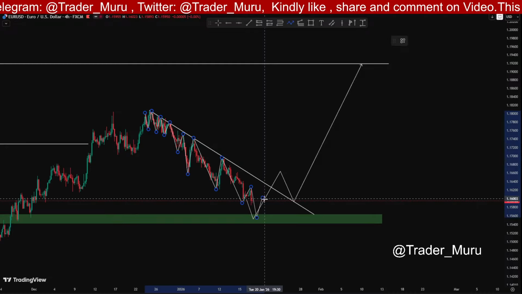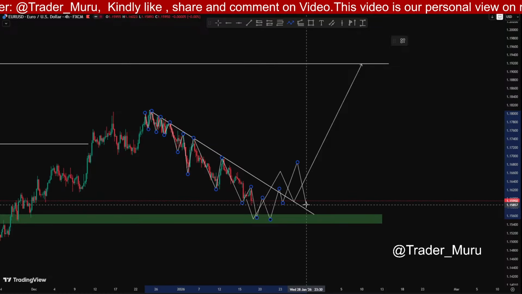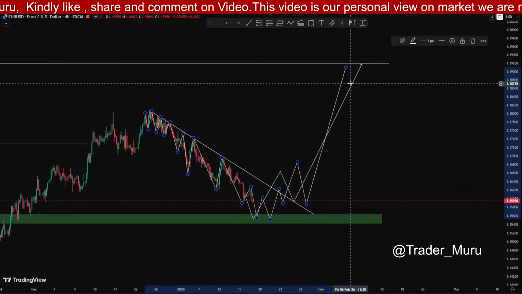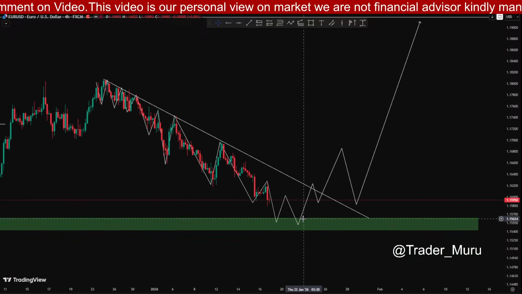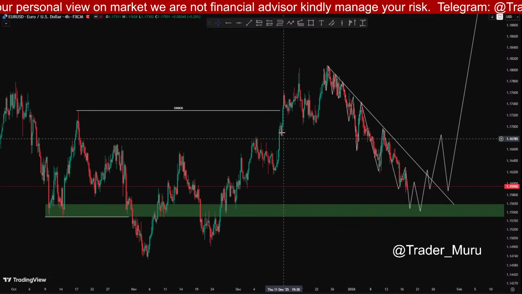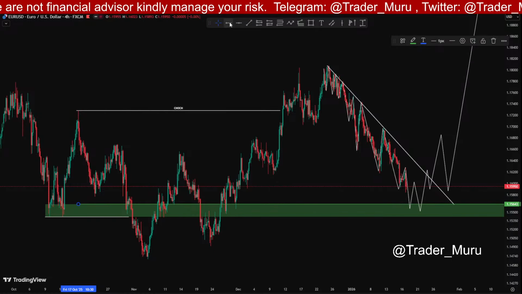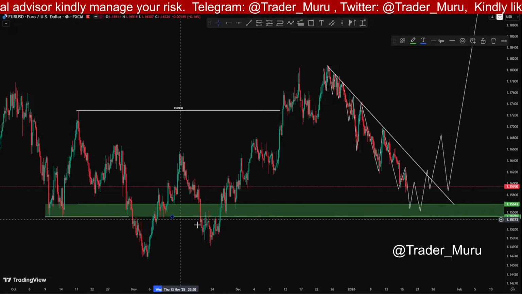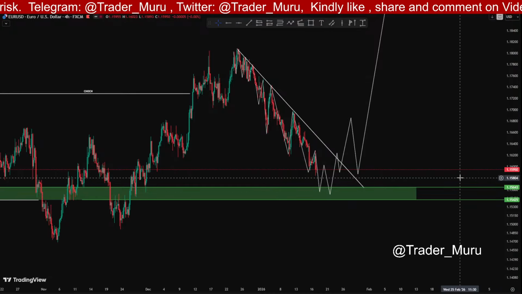So I need this momentum to break, create a change of character, break this trend line and this move. First of all, this green zone is my POI and the prices for this green zone is 1.156 to 1.154.